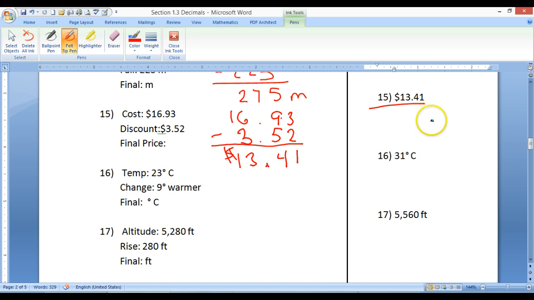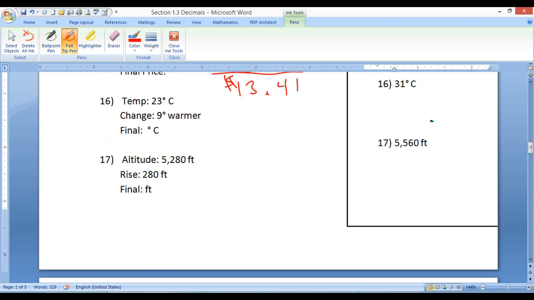Okay, let's try the next one. I have something at 23 degrees Celsius. There's a change 9 degrees warmer. Warmer means I'm going to be adding these together. 23 degrees Celsius plus 9 more degrees. 9 plus 3 is 12. 1 plus 2 is 3.